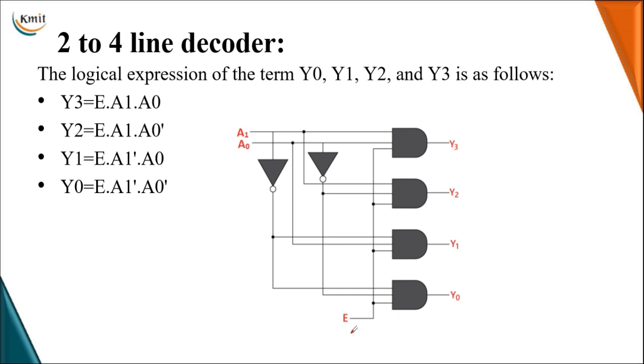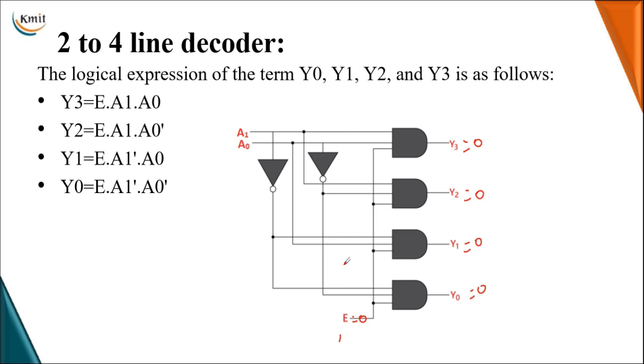Now, as we discussed in the truth table, if the enable input is 0, every output of your decoder becomes 0. So the enable input is acting like a control signal.